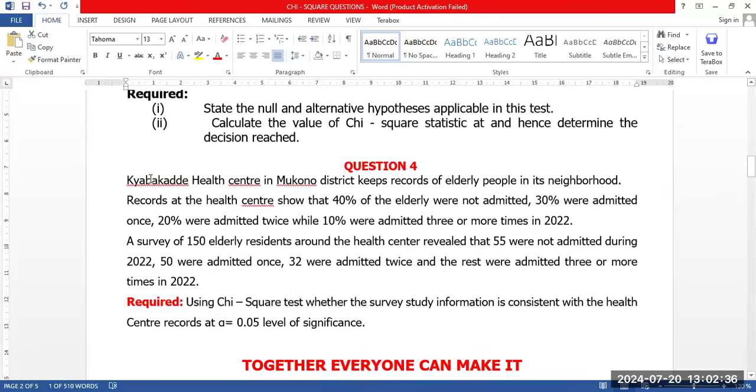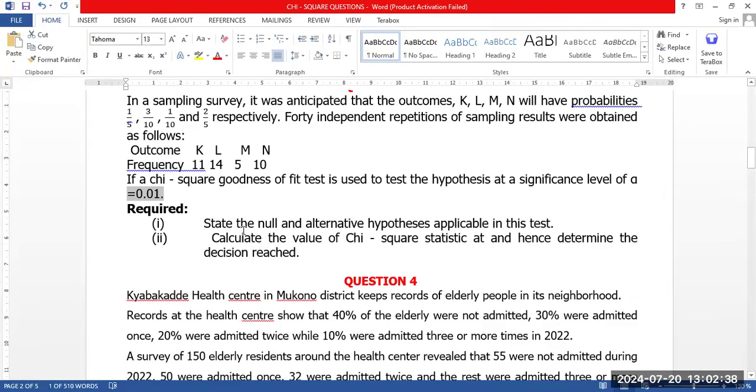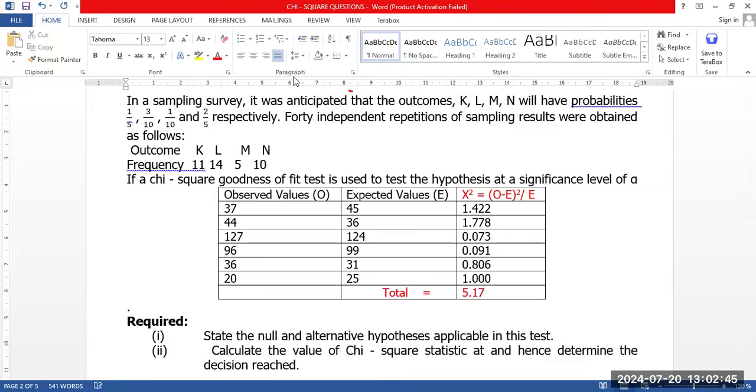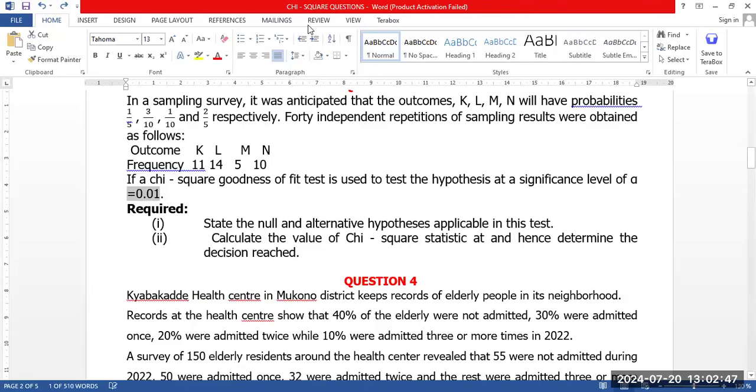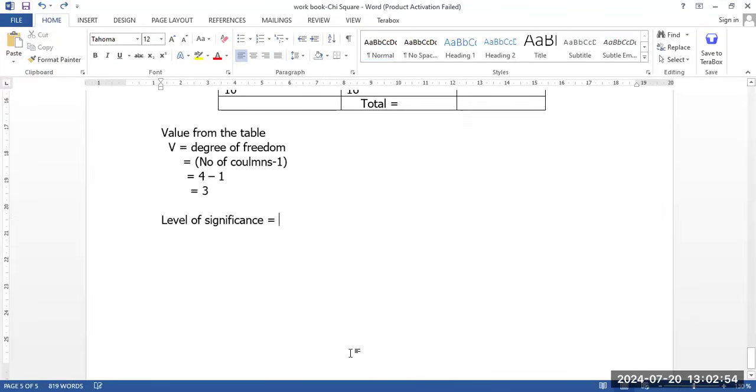So here the level of significance is 0.01.